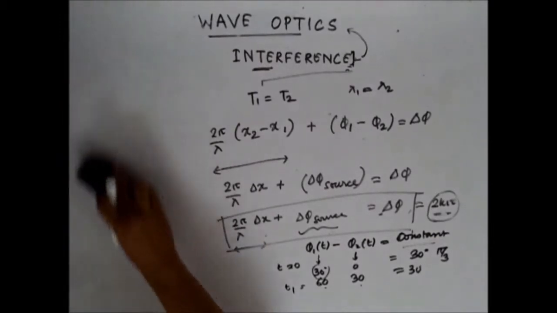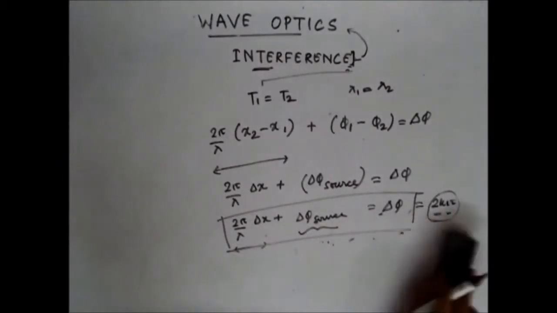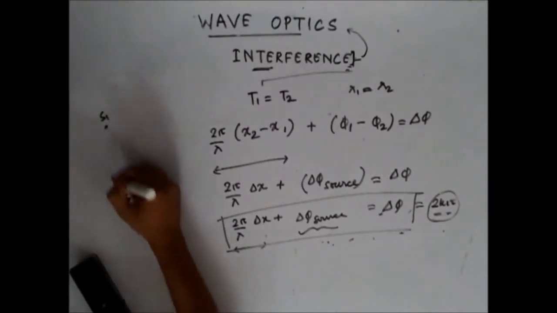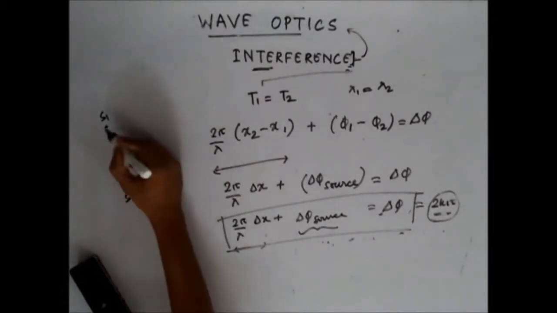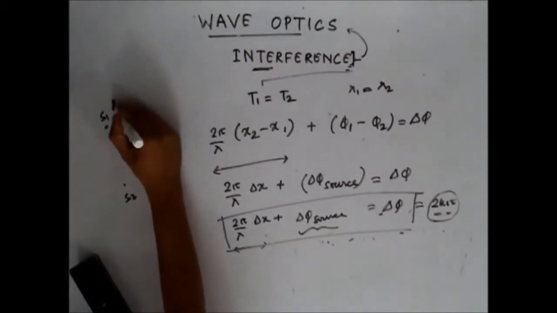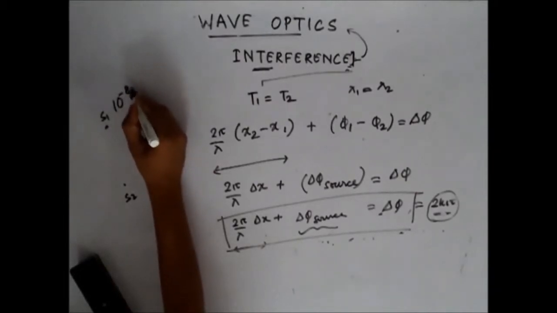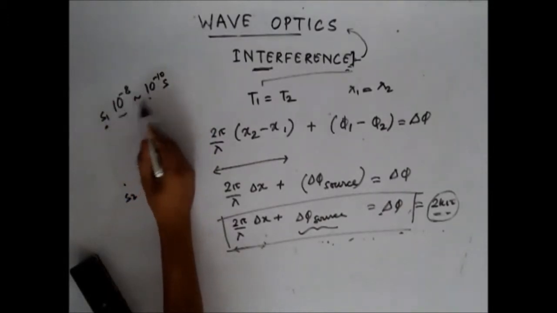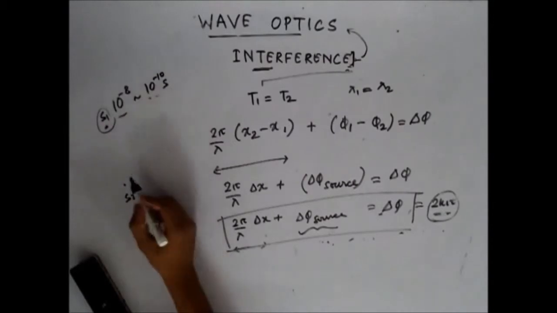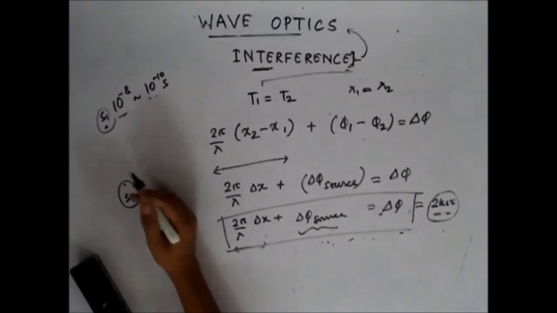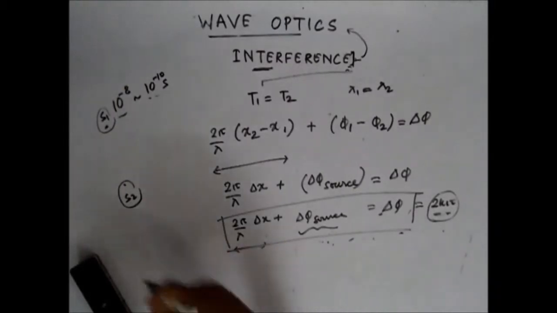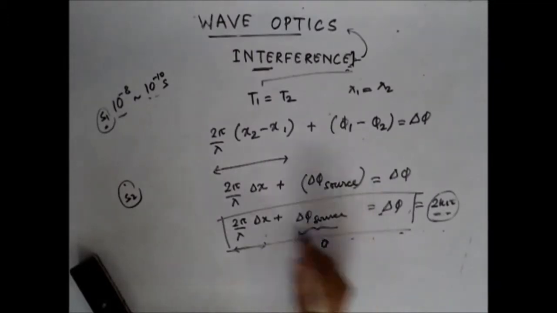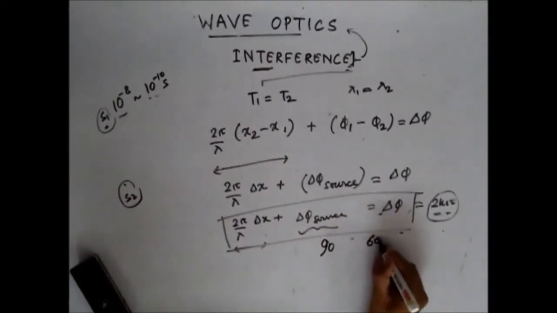Now when we take two independent light sources, instead of taking a single source, the phase of S1 keeps changing at a time period of 10 to the power minus 8 to 10 to the power minus 10 seconds. In every interval of such small time duration, the phase of S1 keeps changing. Similarly, the phase of S2 also keeps changing, and these two phases are independent of each other. So at some point of time this may have a phase of 90, this may have a phase of 60, so the difference is 30.